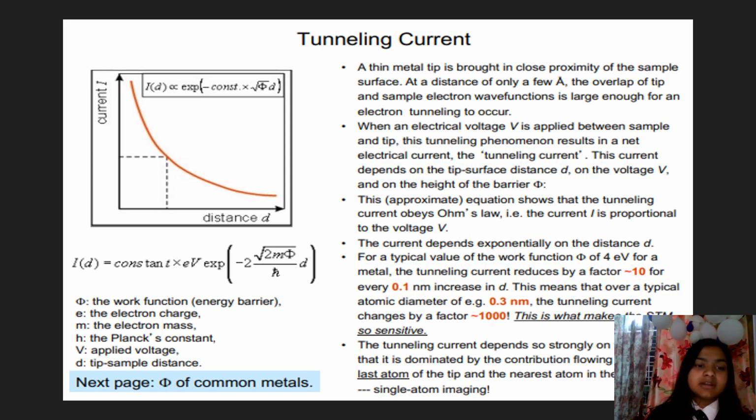Now this phi is the work function or energy barrier. e is the electron charge. m is the electron mass. h is Planck's constant. V is the applied voltage, and d means tip-sample distance. d is the distance between tip and sample.